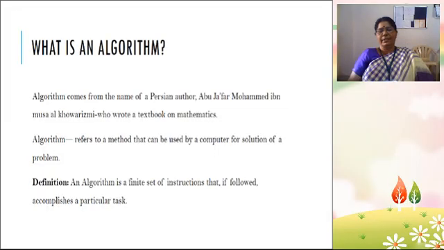Or if you are installing a new electronic gadget, it comes with a manual. The first step is to read the manual, where the steps are clearly stated in order to install the new gadget. Similarly, an algorithm is a finite set of instructions to be executed in order to find a solution to a problem.